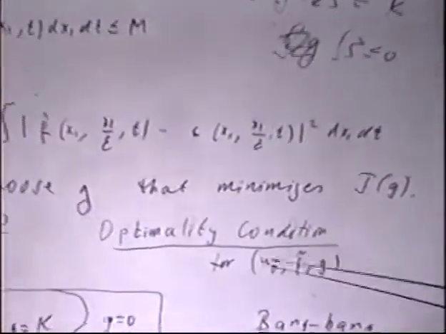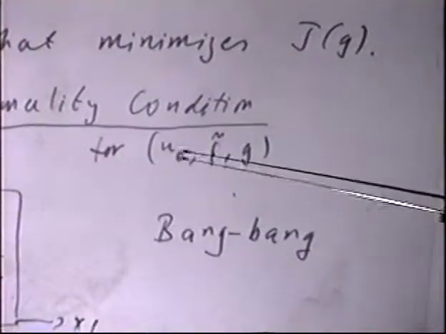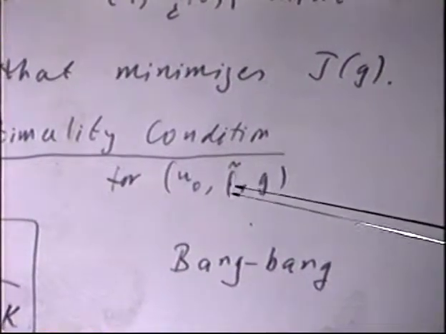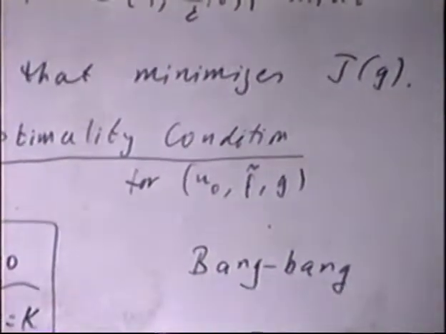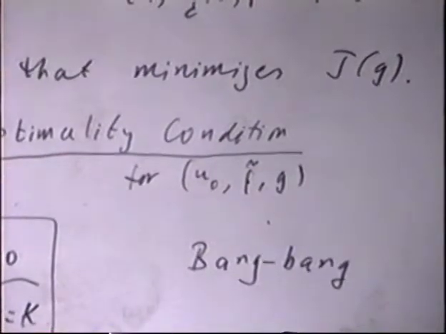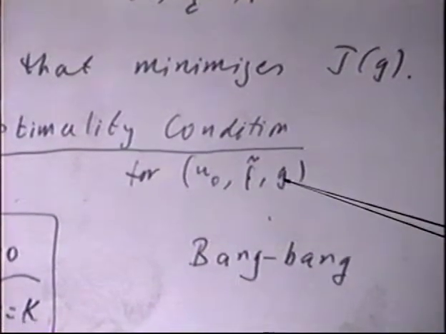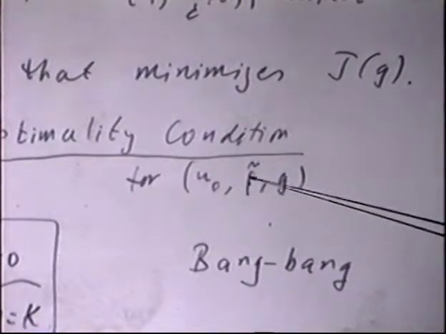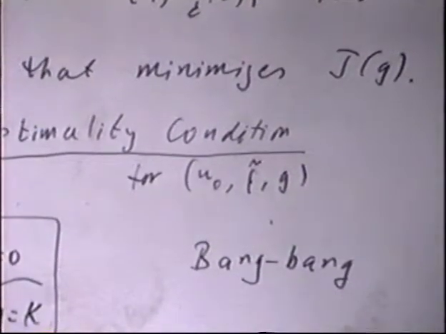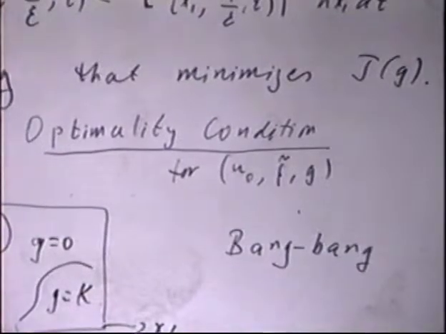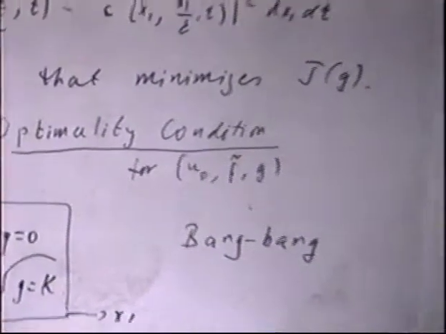Now, the optimality condition is a complicated one. If G was optimal, and U0 and F tilde were the corresponding solutions, then the optimality condition says that you can solve another problem in a variable W, which depends on all this data, and this new function will satisfy a certain inequality.